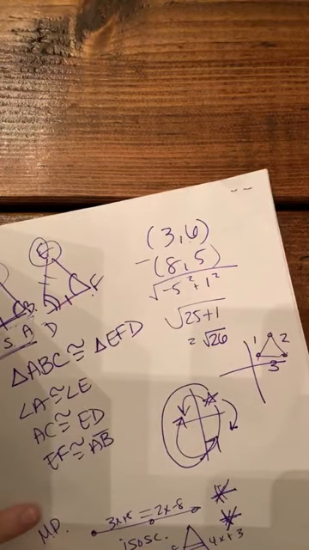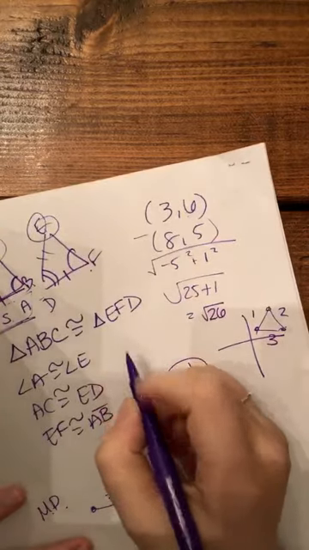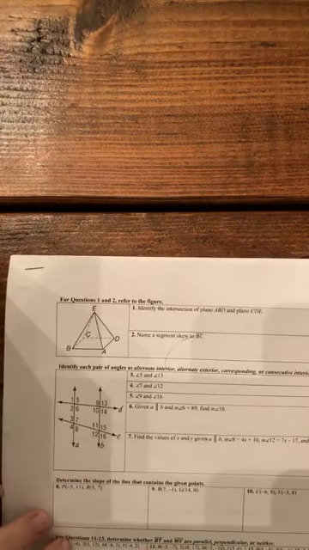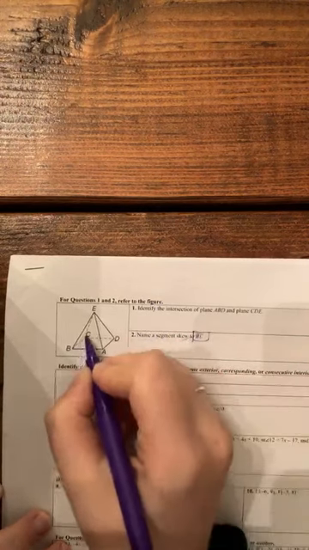Let me see. Skew. Skew means that they don't intersect, but they don't run parallel. So like, I think it was the pyramid. This one. Skew means that they're never going to intersect. So skew to BC.